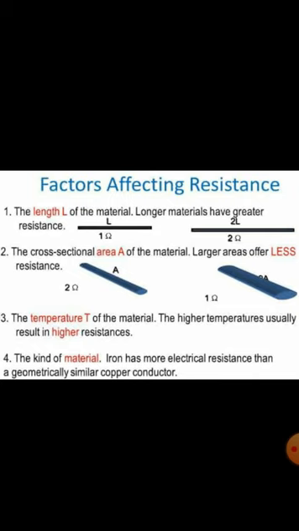So it depends on the length of the conductor, area of cross section of the conductor, and also on the nature of the material. The last factor is the temperature. The higher the temperature of the material, the higher will be the resistance. Generally, this is applicable for most of the substances. So when the temperature is high, the resistance also will be high and the current flow will be less.